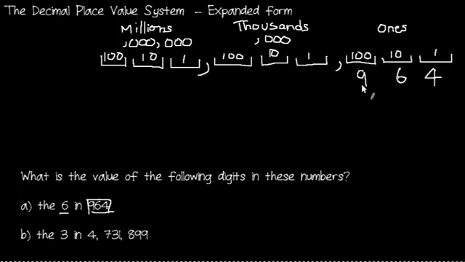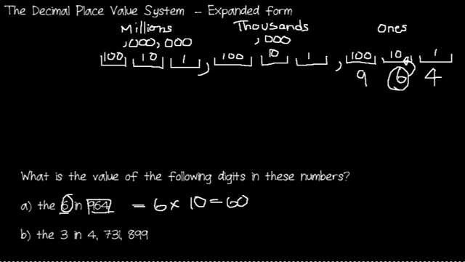You'll get the same answer anyway. And we're looking for the 6 in that number, and we see that 6 right here. And we see that that is 6 tens, or 6 times 10, which is just equal to 60.